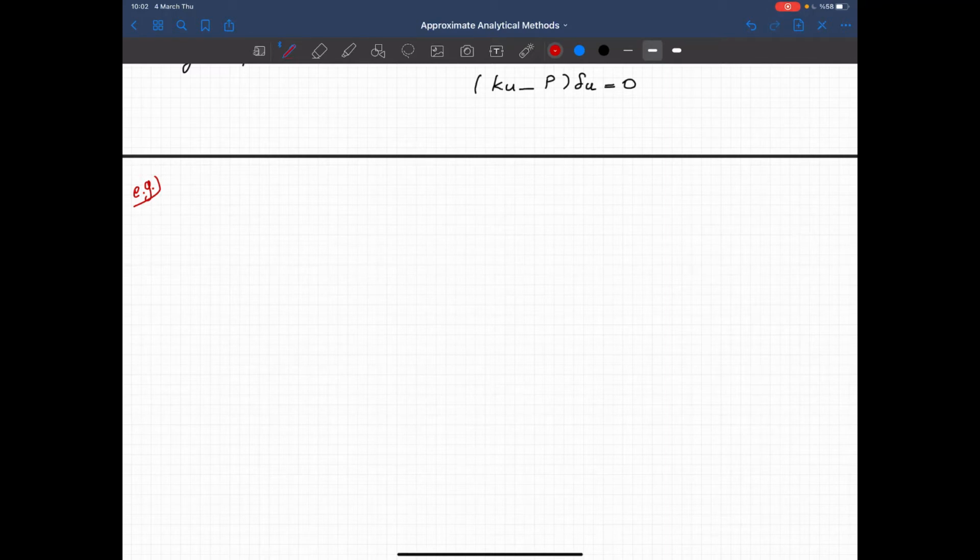So let's say that I have the following structure. This is L over 4. So it's actually divided into 4 pieces.